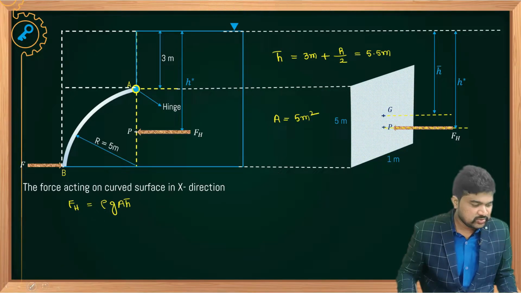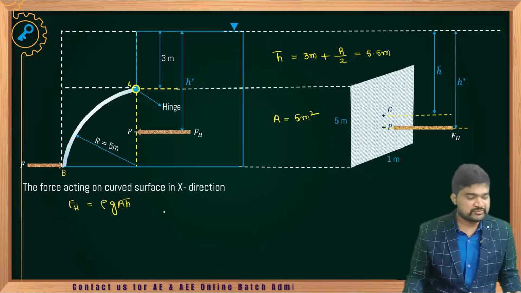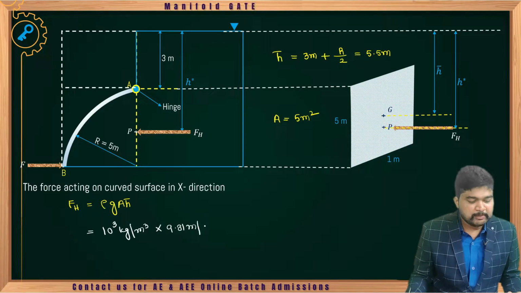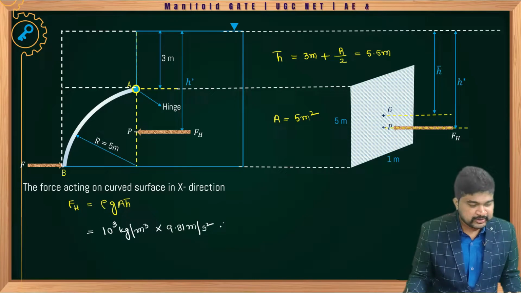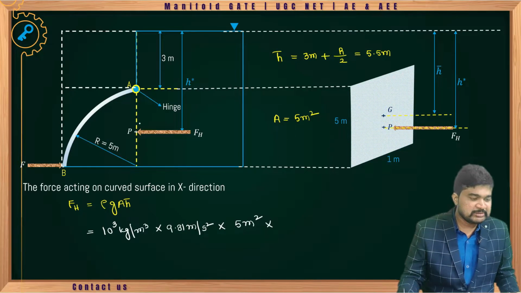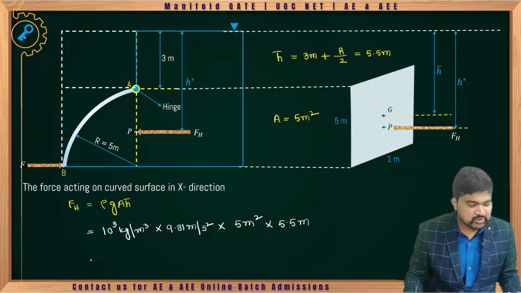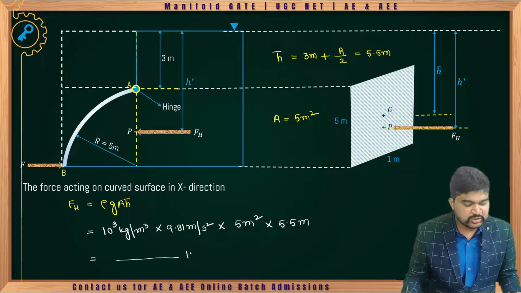So finally, what is the magnitude of FH? See here, 10 cube kg per meter cube into 9.81 meter per second square into area, so 5 meter square. h bar is nothing but 3 plus 2.5, 5.5 meter. This is equivalent to dash kilonewton.